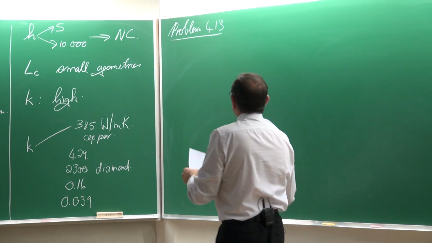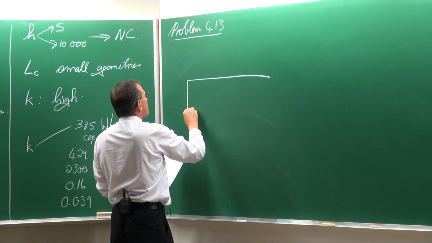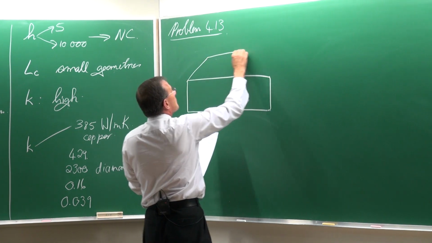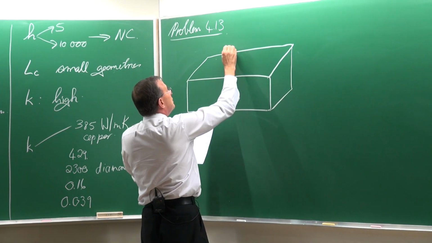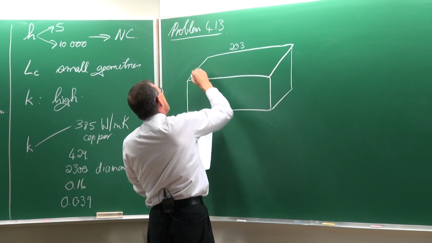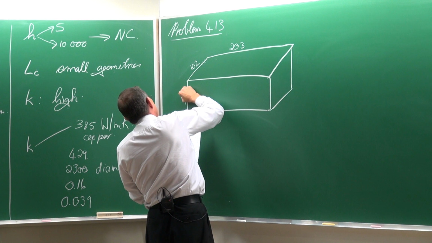And the example that we're going to consider is that of a brick. And this brick has dimensions of 203 millimeters, 102, and 75 millimeters.